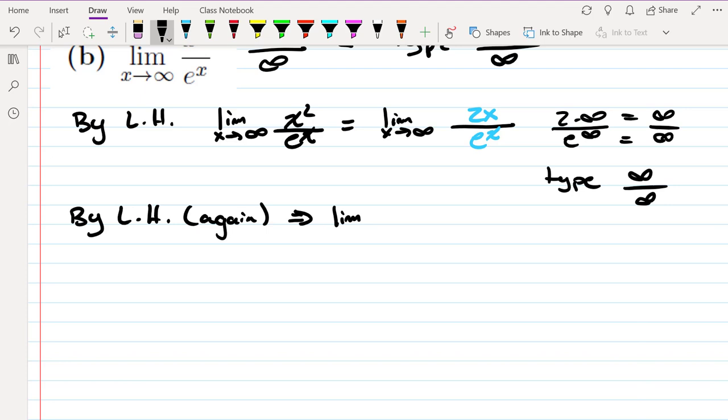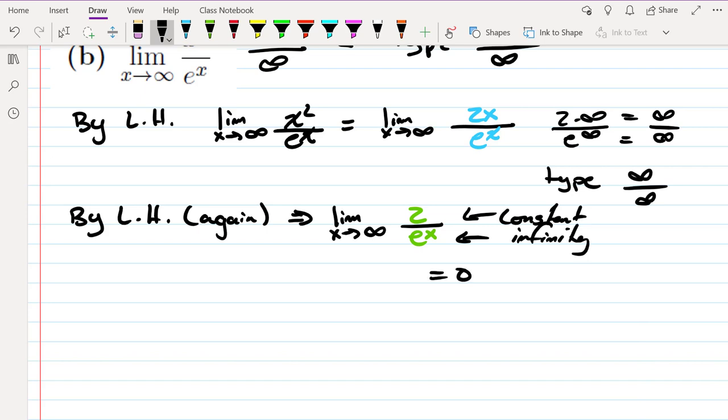So we have the limit as x goes to infinity, and the derivative of 2x is just 2, and then the derivative of e to the x is still e to the x. So now this time, as x goes to infinity, we have a constant divided by infinity, and a constant divided by infinity gives us 0.